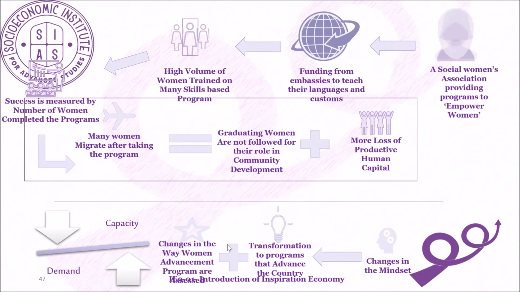Besides, it brings changes in the women advancement in general. The respect for women will be more because they participate in their community a lot, and they will be leading in certain areas in their community.